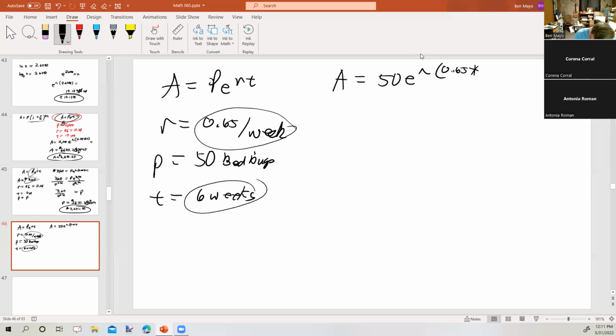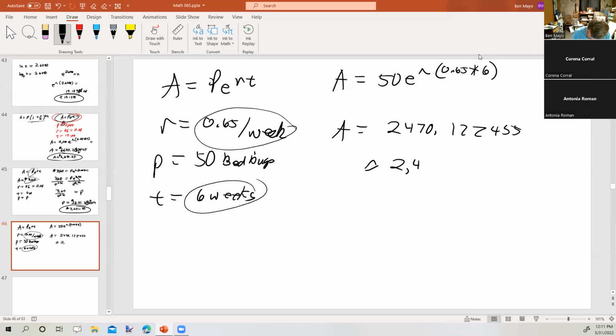0.65 times 6. So 50 second ln e to the 0.65 times 6, close parentheses, equals, we get 2470.122455.